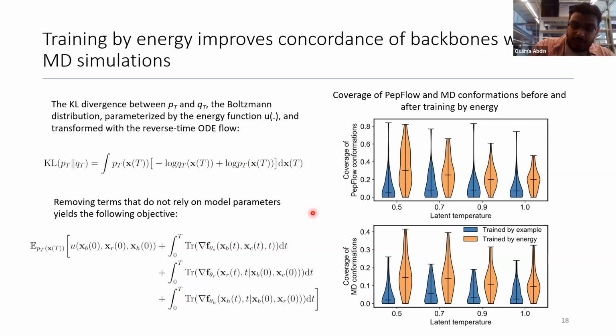This is the instantaneous change in log probability from the initial work on continuous normalizing flows. Here it's treated as a flow, so it's deterministic. It's essentially the term that accounts for the change in the log density when you move from the proposal distribution to the base distribution.